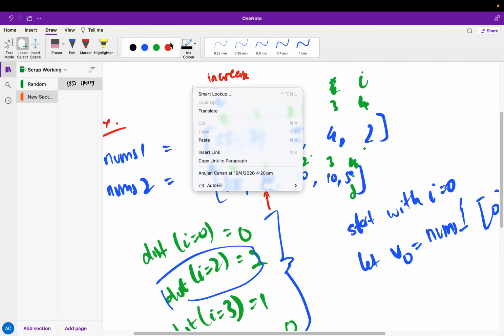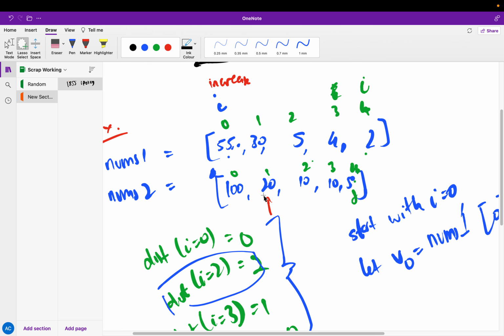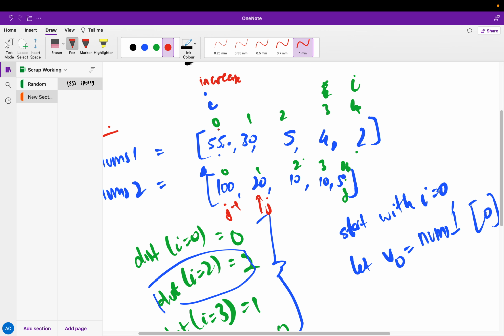So we know that j minus 1 is the rightmost number that's bigger than or equal to 55.